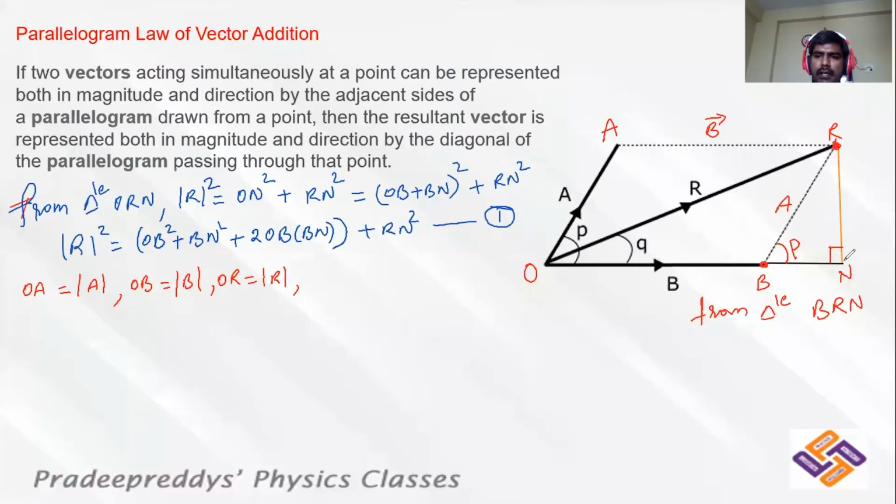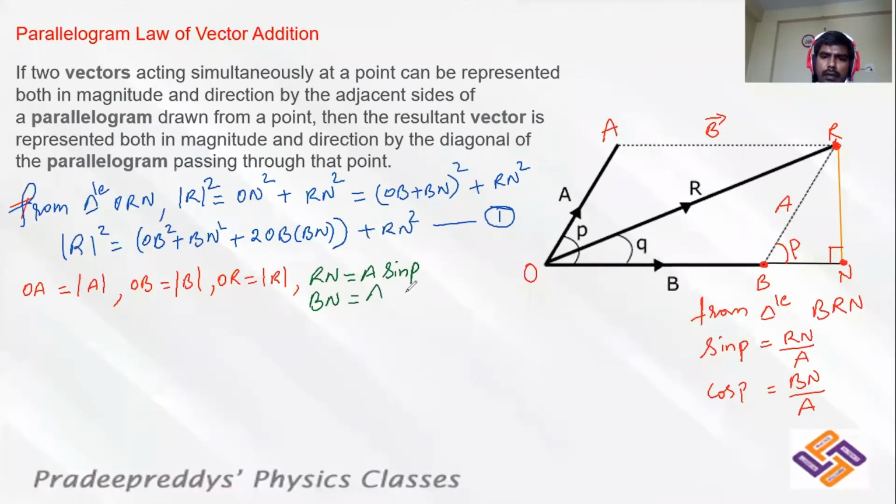From this triangle I can write sine P is equal to the opposite side RN divided by the hypotenuse A. Cos P is equal to, what is cos P? It is BN divided by A. So from this triangle, RN is equal to A sin P, and BN is equal to A cos P.